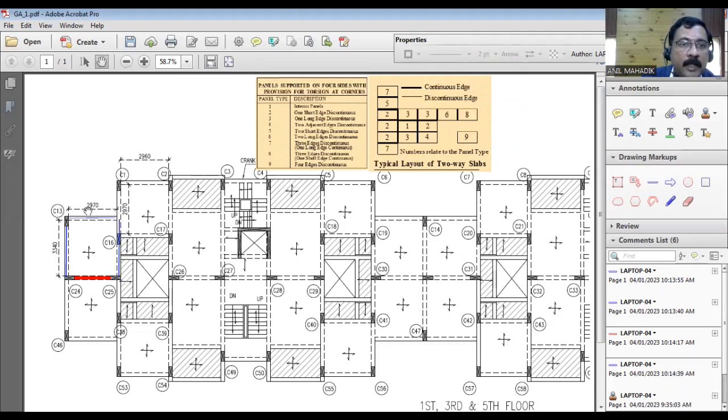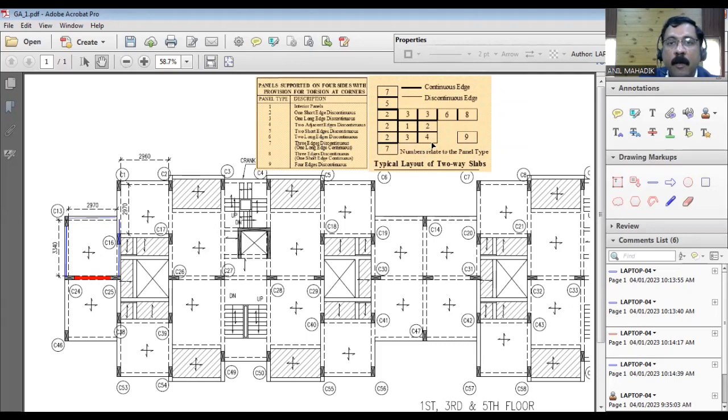And this is a short span and this is long span. Okay. Now, the boundary conditions are defined over here. Now check which condition is suitable for this. So in that case, we can say there are 3 edges discontinuous and one short edge is continuous. So where is the case?